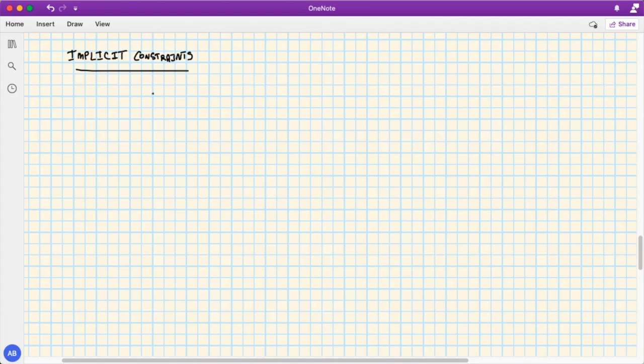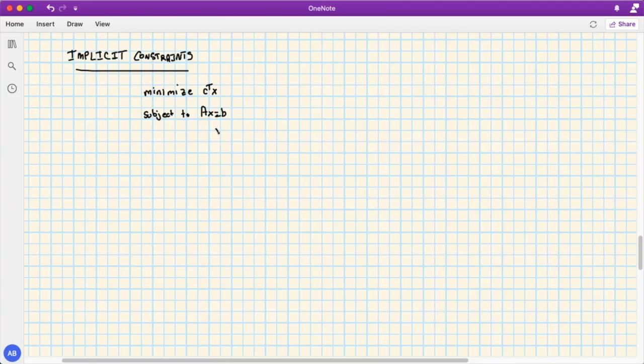So let's say I've got a linear program. That is, I'm minimizing c transpose x subject to Ax equal to b. And we're going to impose one more constraint that is known as the box constraint.